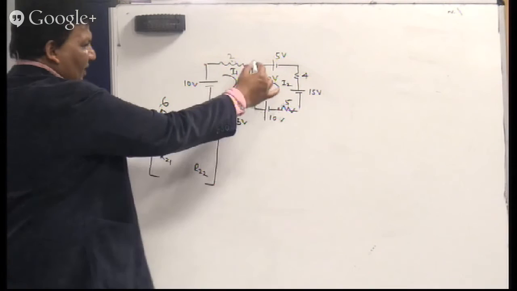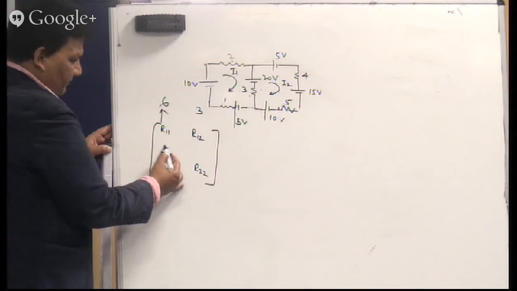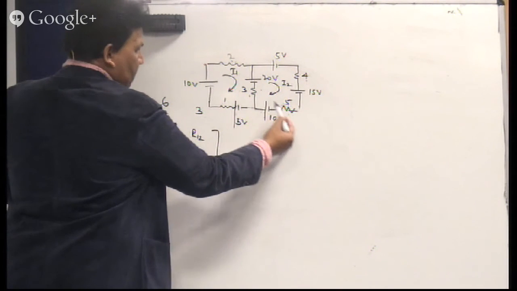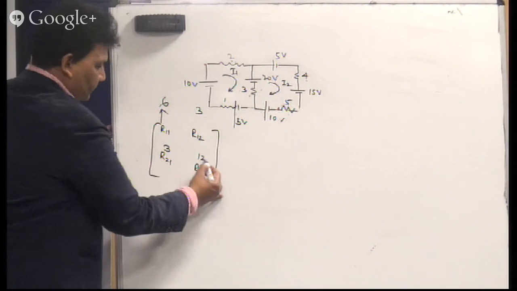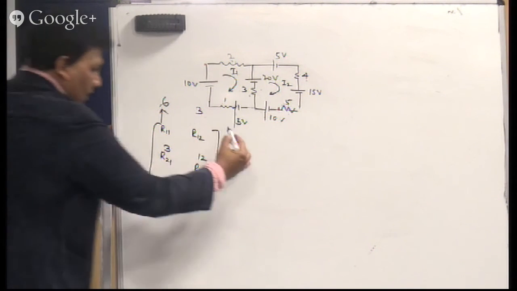What is common between 1 and 2? How much is this? 2, 2, 4. No problems? No issues? This is box number 2.